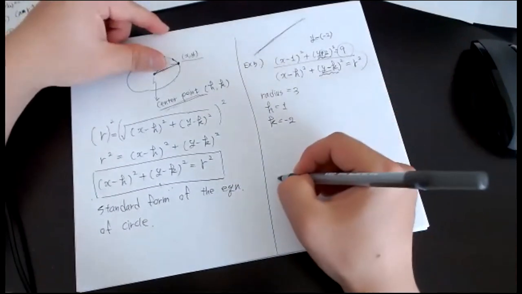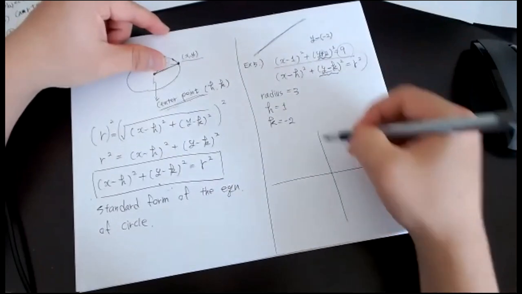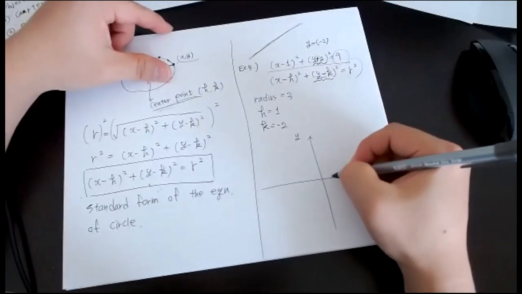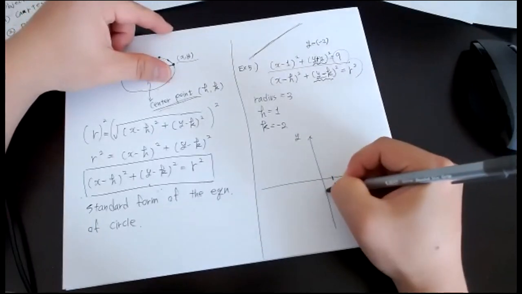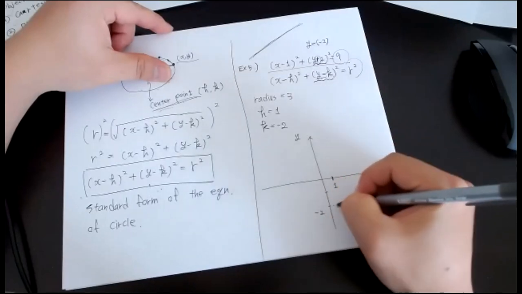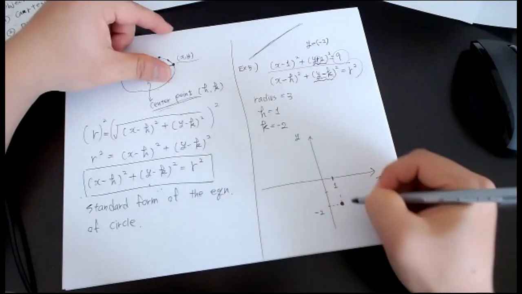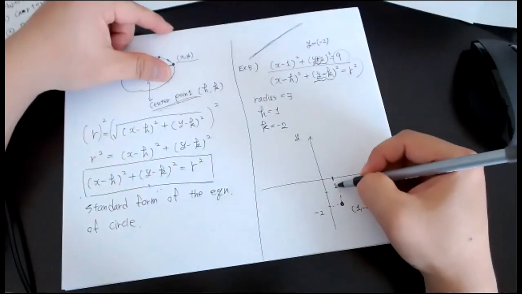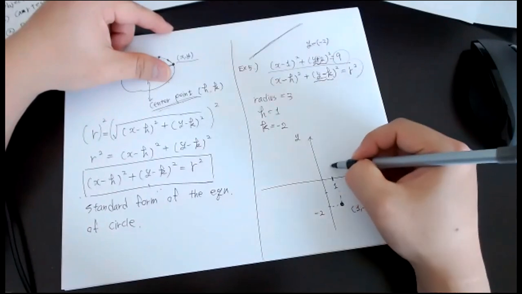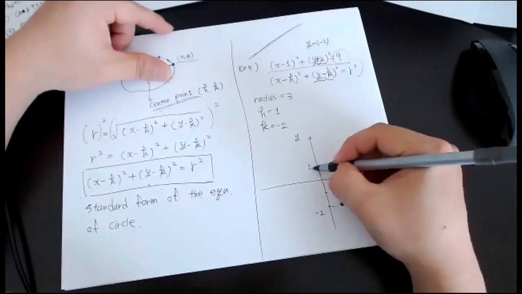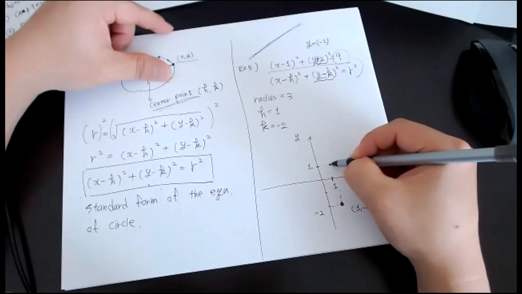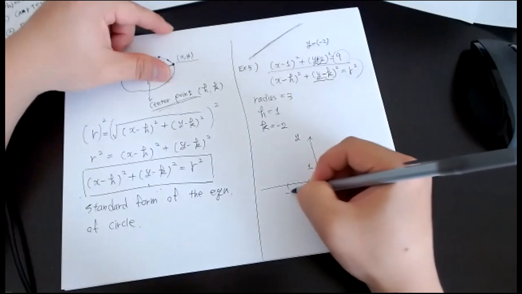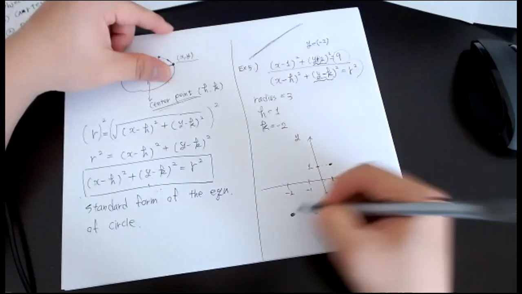So then let me draw the x-axis and y-axis here, and here's 1 and negative 2. So the center point is right here, 1 comma negative 2. Since the radius is 3, the circle must pass through this point, 4 comma negative 2, and also negative 2 comma negative 2.